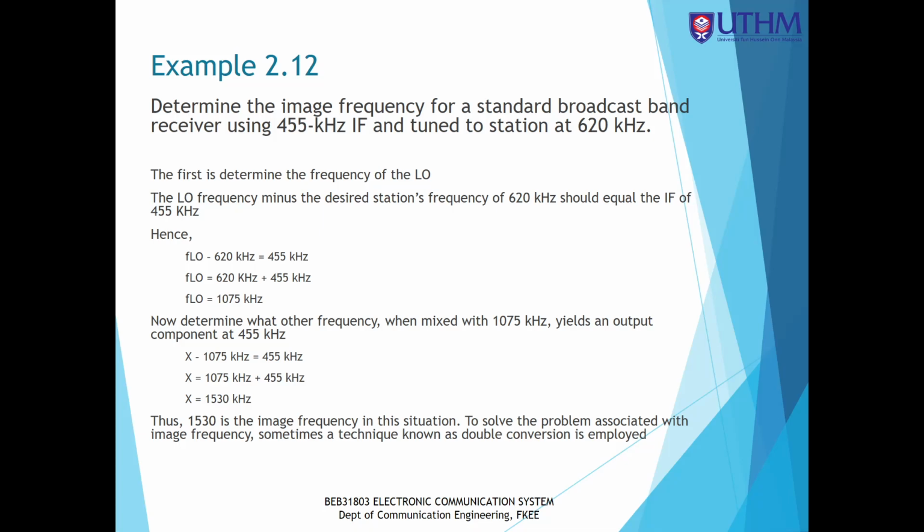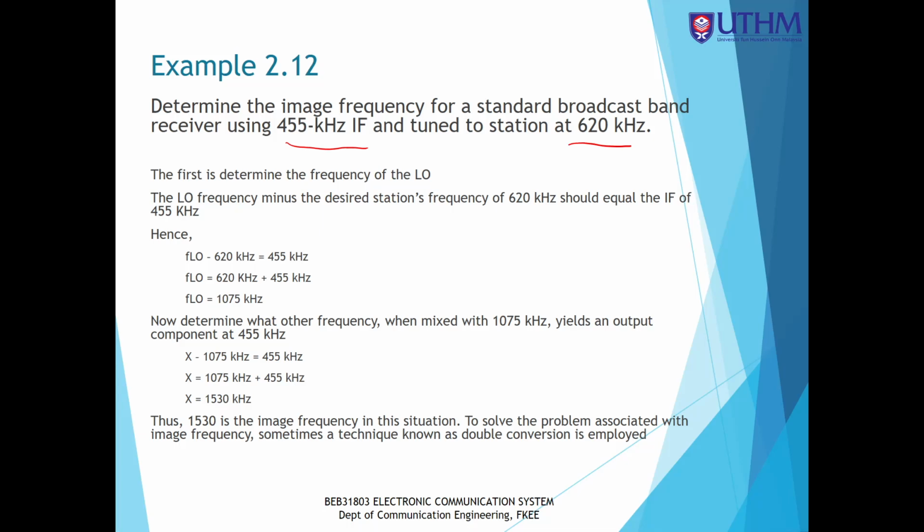Example 2-12, about image frequency. Determine the image frequency for a standard broadcast band receiver using 455 kilohertz of intermediate frequency and tuned to the station of 620 kilohertz. How much is F image?